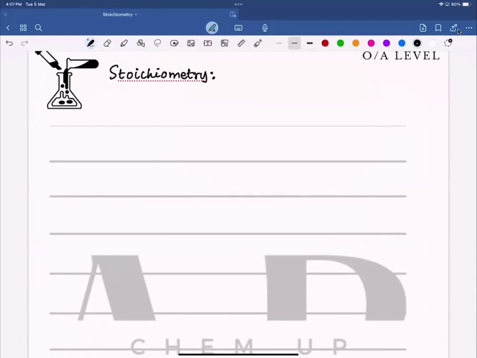So the first thing that we are going to discuss today is relative atomic mass, AR.